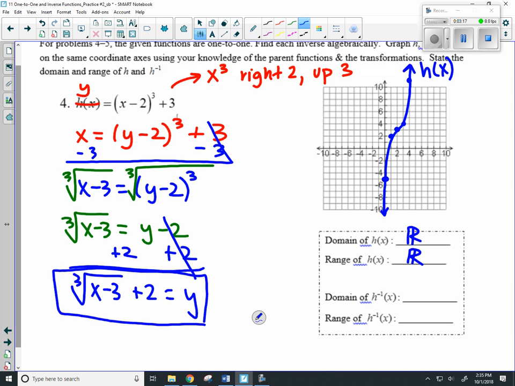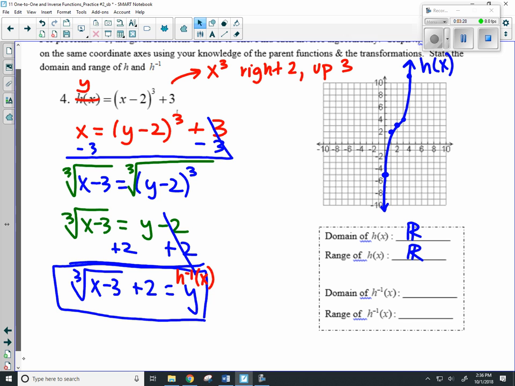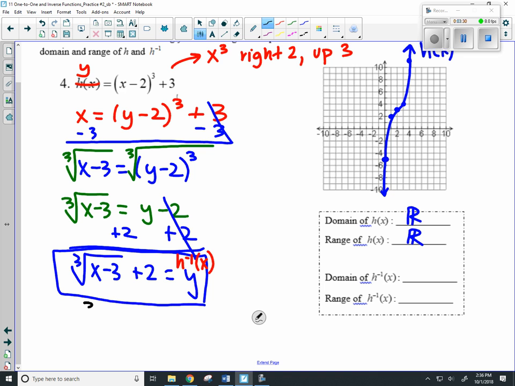And if you don't want to put the y there, you could put the inverse notation. So either way, if we want to graph this, it's the cube root of x, that's our parent function. That minus 3 is going to move it to the right 3, and that plus 2 is going to move it up 2.